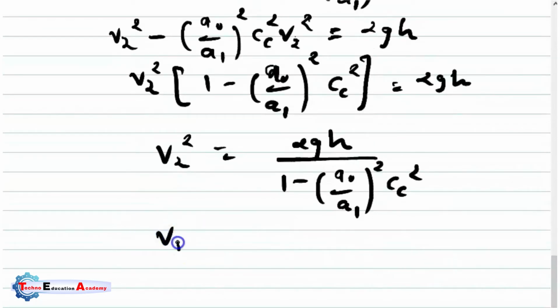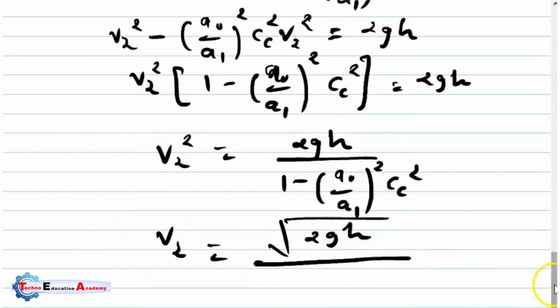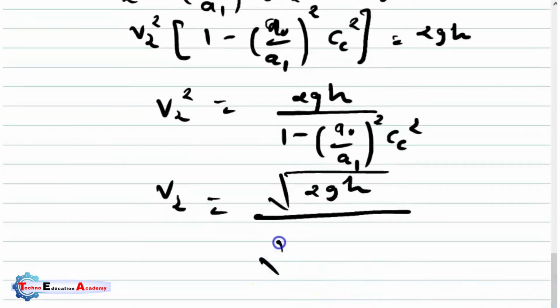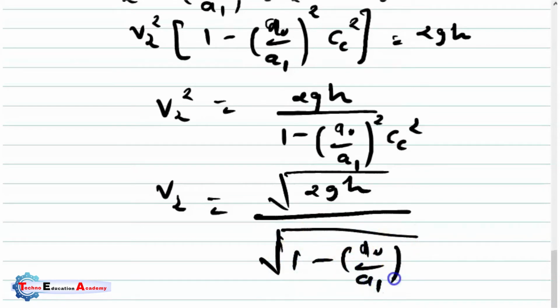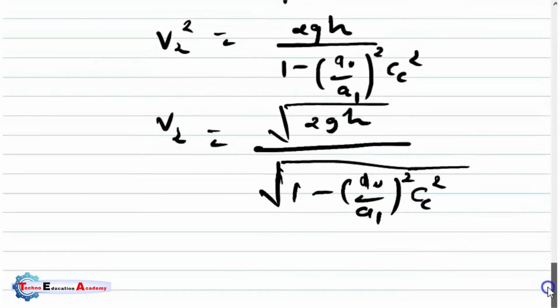Further simplifying the equation, V2 is equal to under root 2gh divided by under root 1 minus (A0 by A1) whole square Cc square.